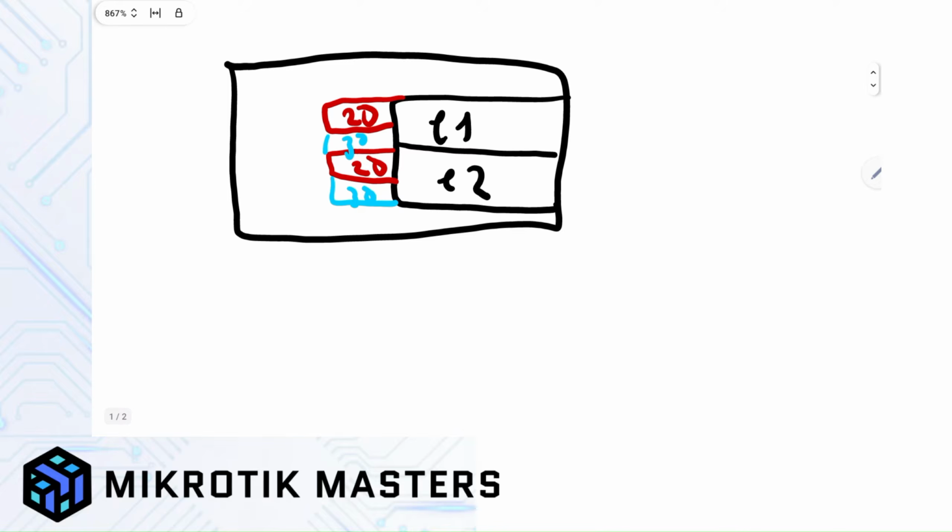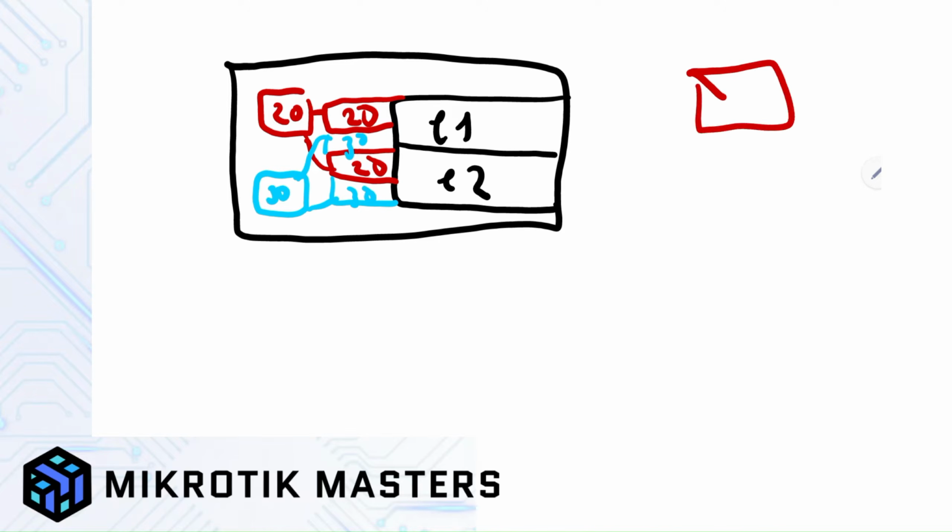And then effectively we had a bridge for 30, we had a bridge for 20, and then we would add these interfaces into that bridge. So effectively, a frame comes in from VLAN 20 into Ether 1, it gets matched onto that interface and goes into that bridge and onto that network.